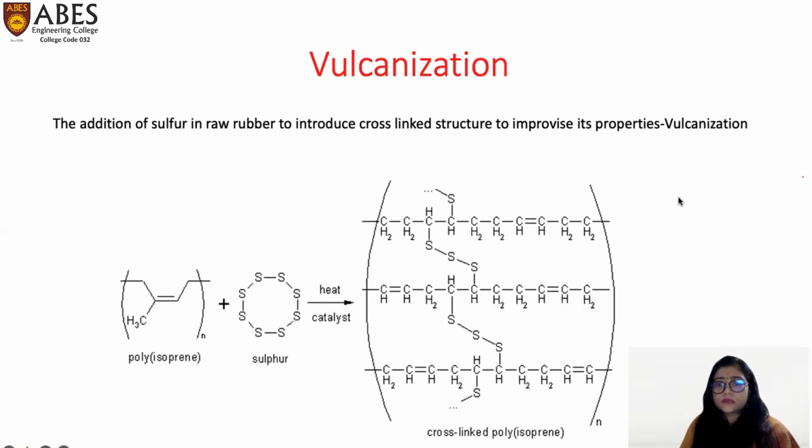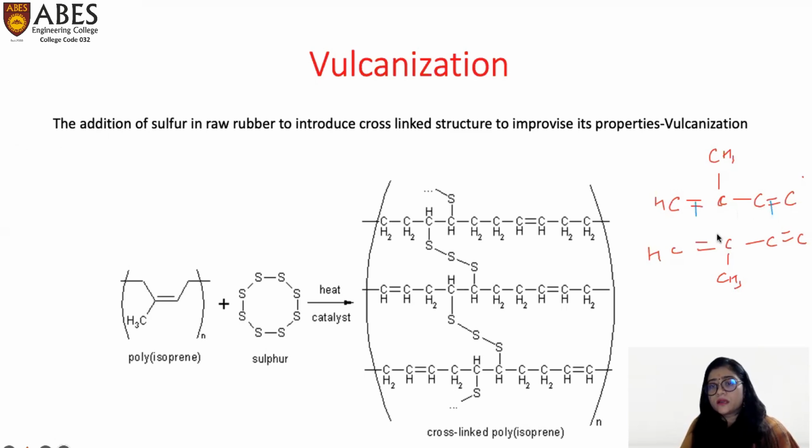Suppose here this carbon double bond carbon is here, and this carbon double bond carbon is here, CH3 is attached over here, and this is H. Similarly, there is a chain over here having CH3 and C double bond C, right? So what sulfur will do, it will break the single bond.